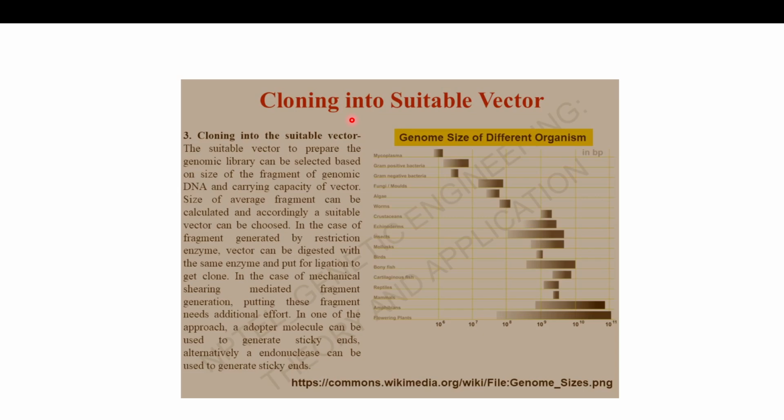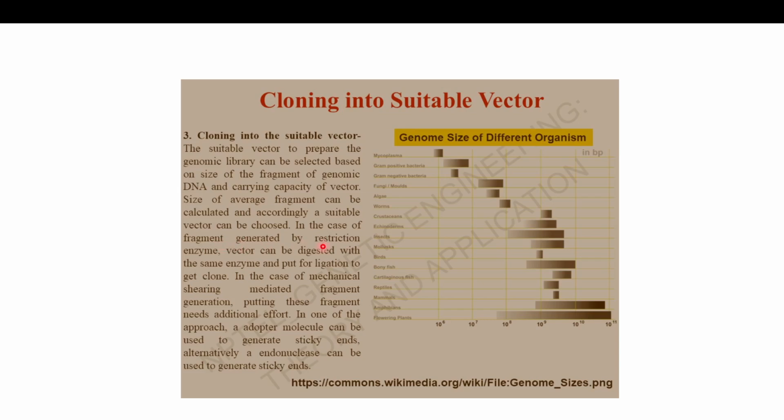But very briefly, after getting the extracted genomic DNA, we join it into a suitable vector to prepare the genomic library. The suitable vector can be selected based on the size of our fragment and how much the vector can take, that is, the carrying capacity of the vector. The size of the average fragment can be calculated and accordingly a suitable vector can be chosen.